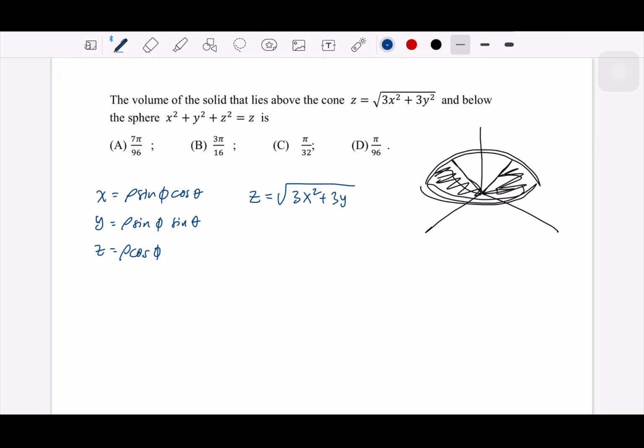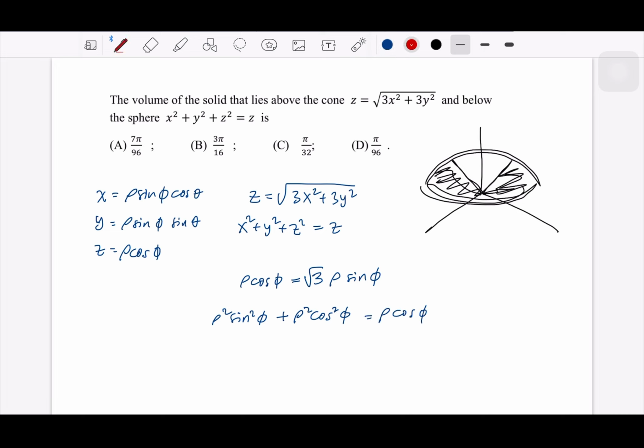Then we can write the cone and also the sphere. For the cone, rho cosine phi for z equals the square root of 3 times rho sine phi. For the sphere, rho squared sine squared phi plus rho squared cos squared phi equals rho cosine phi.